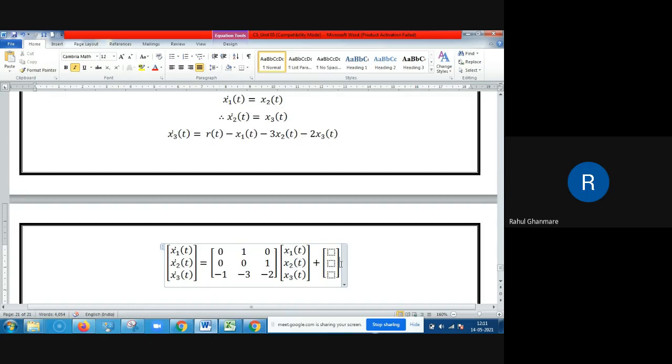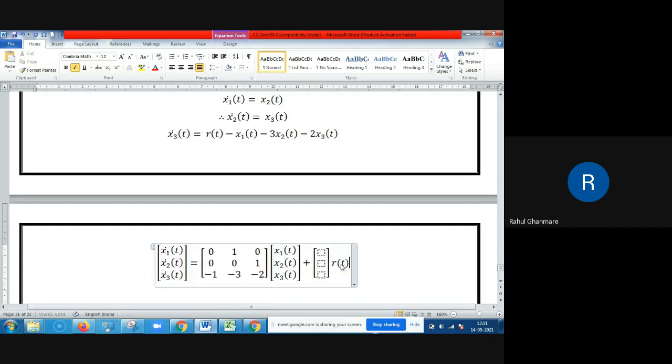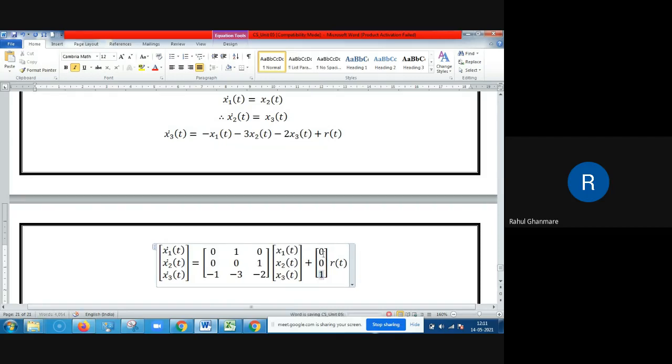Now, here we have this r of t. So in the initial two equations, we don't have this value. Right? So here we get this equation. This is 0, 0, and 1.